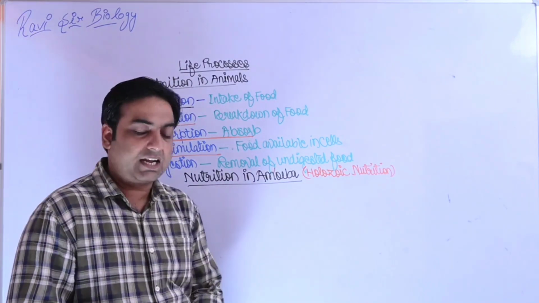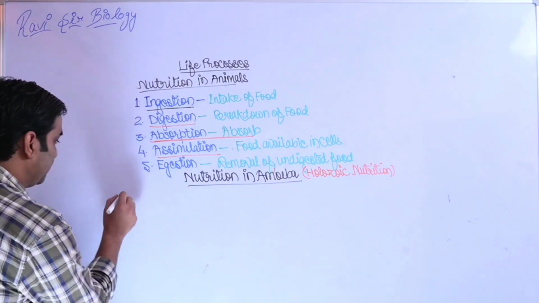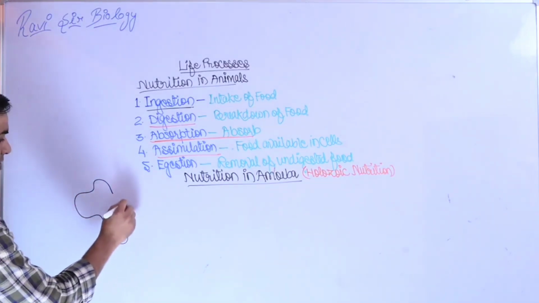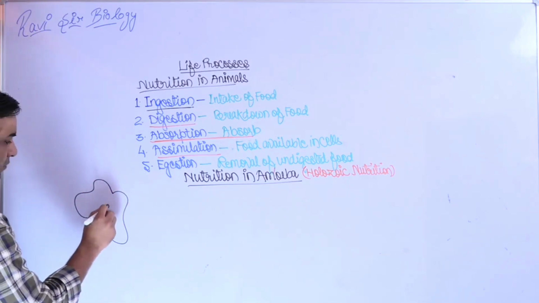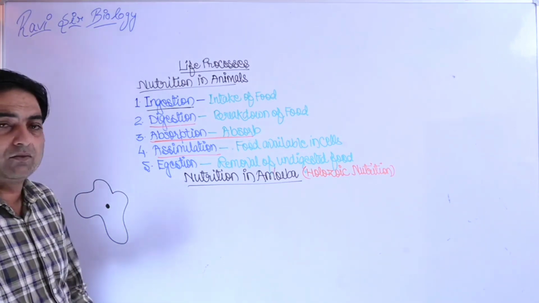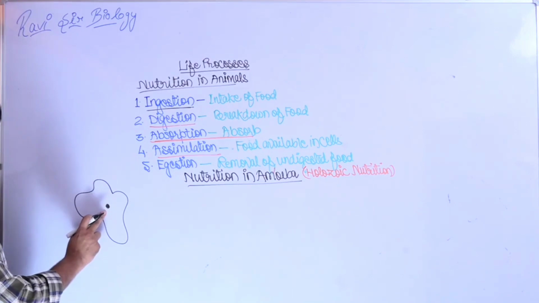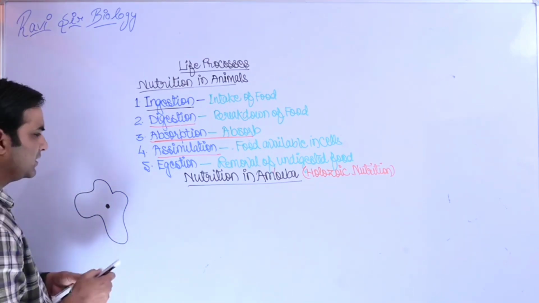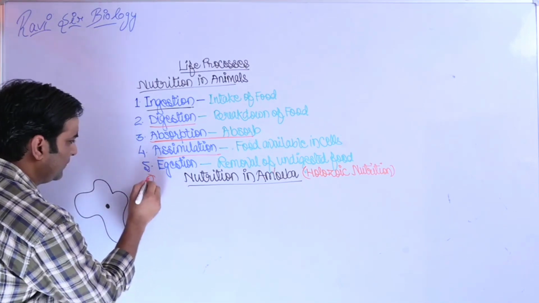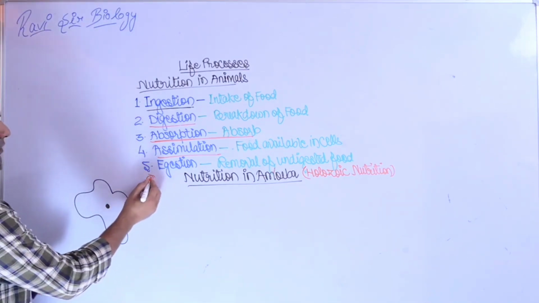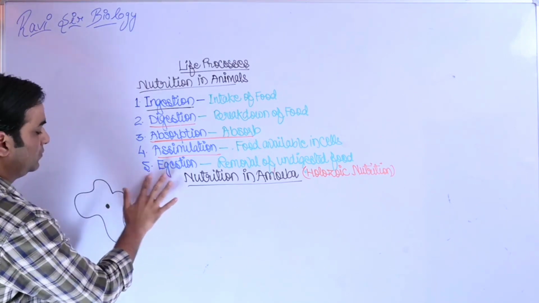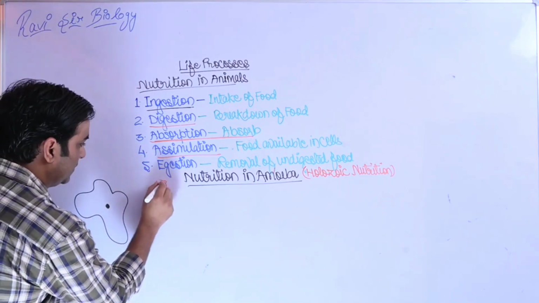With the help of a diagram, we can understand. Suppose this is an animal, and this is the nucleus of the animal. This is a single cell animal, of course, so it has a nucleus as well. And suppose the food material, diatoms or small algae, is here.